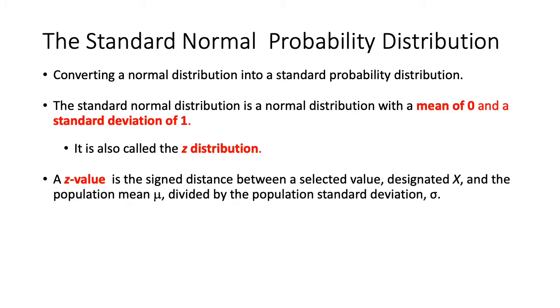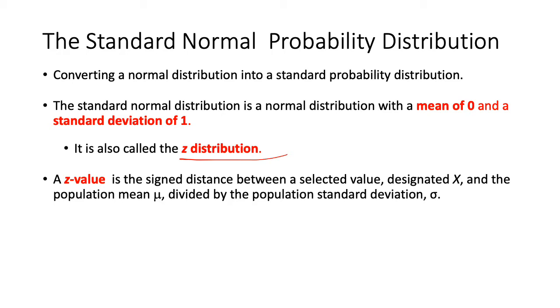Converting a normal distribution, which can be of any mean or any standard deviation, into a standardized normal distribution takes a few steps. So the standard normal distribution that we're going to be using pretty much throughout our course has a mean of 0 and is called the Z distribution. So Z is basically how many standard deviations some value x is from the center.